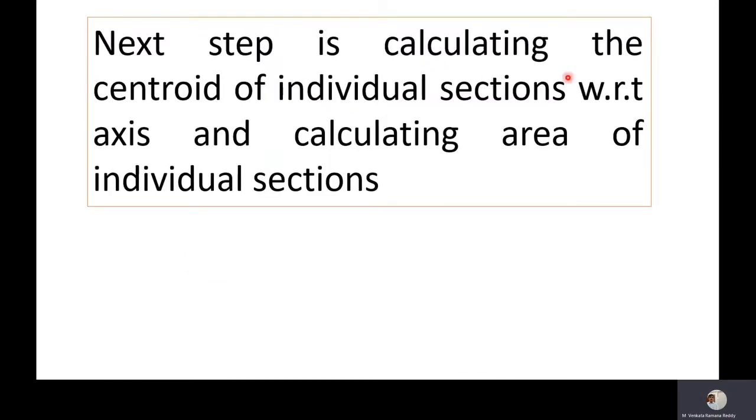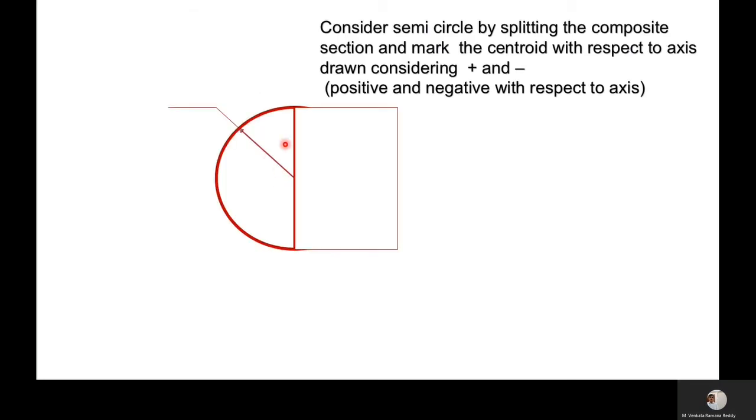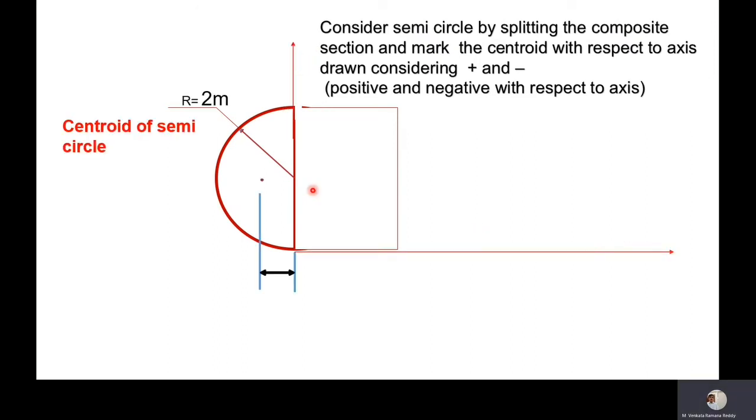Next step is calculating the centroid of individual sections with respect to axis and calculating area of individual sections. First, we'll calculate the centroid of the semicircular section. Here, this is a semicircular section. For this, first we'll draw reference axis, that is y-axis and this is x-axis. 2 meters is the radius of the semicircle.